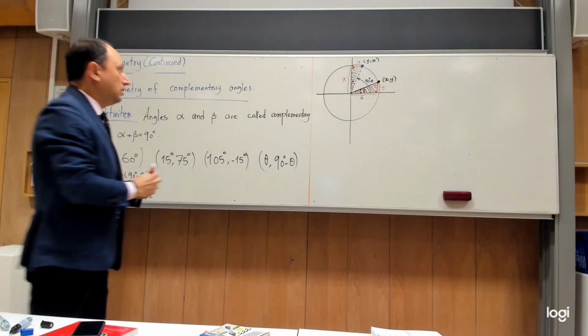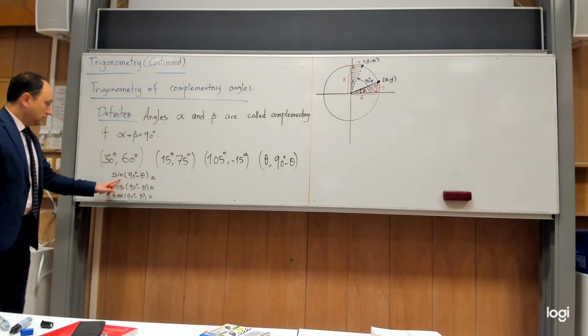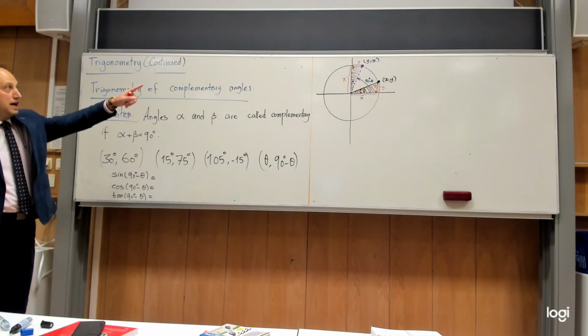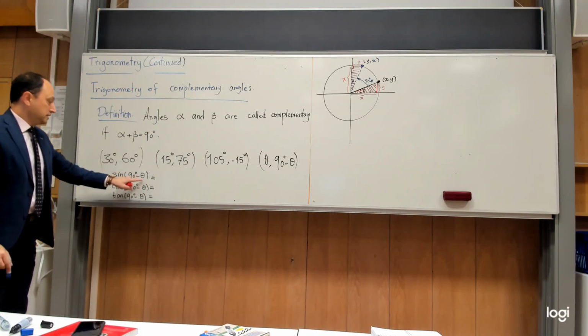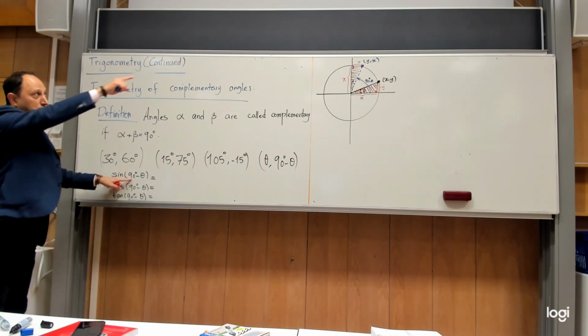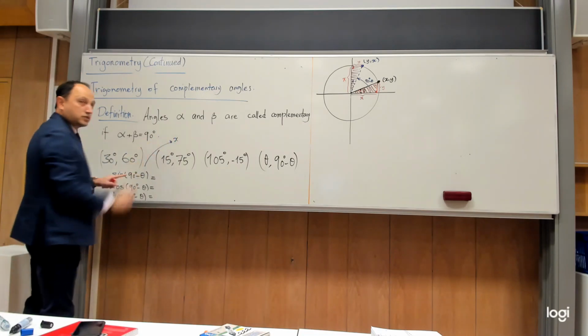Okay. Now, if I ask you what is the sine of 90 minus theta, you answer me according to the coordinate. Which coordinate do you choose here for this? The y coordinate in this case, which is x. So this is nothing except x.